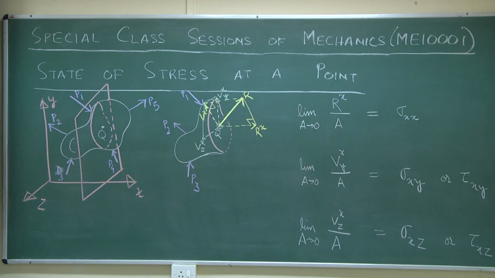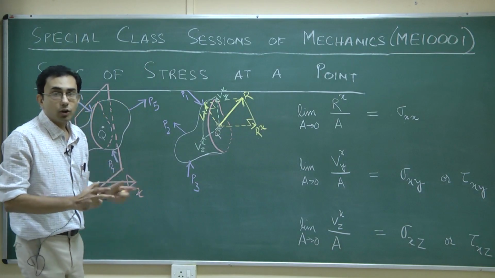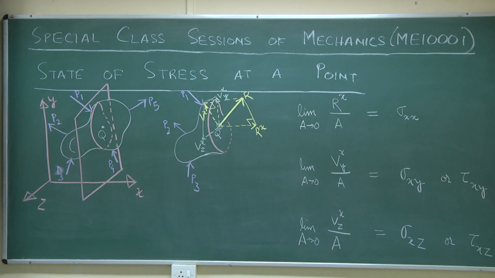Similarly, if we had taken another pink colored cutting plane parallel to the XY plane, flush with the green board here, then we would have again obtained 3 different stress components. So, all in all we would obtain 9 different stress components.